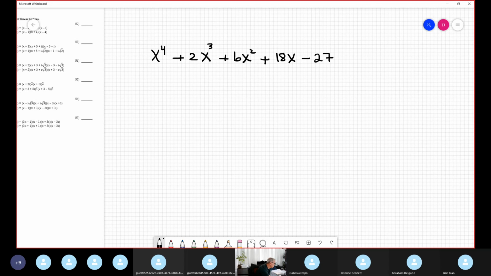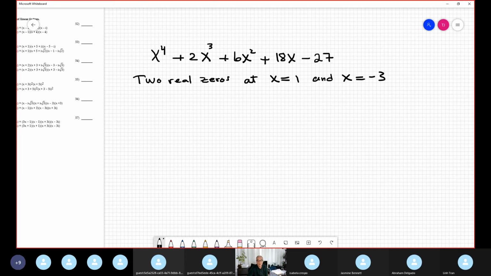56. I detect 2 real zeros, at x equal 1 and x equal minus 3.